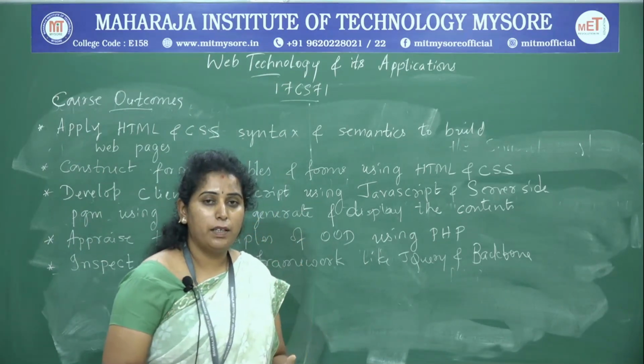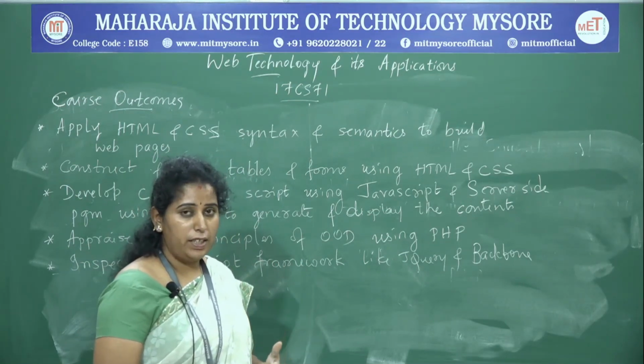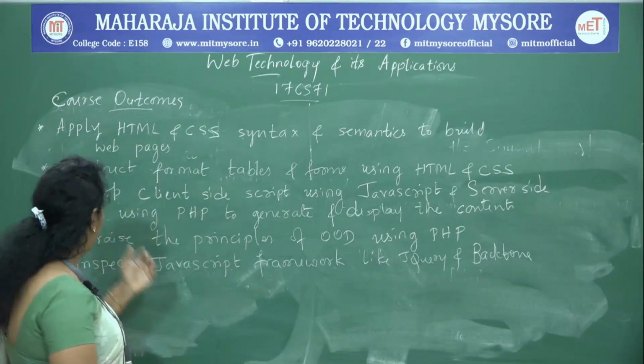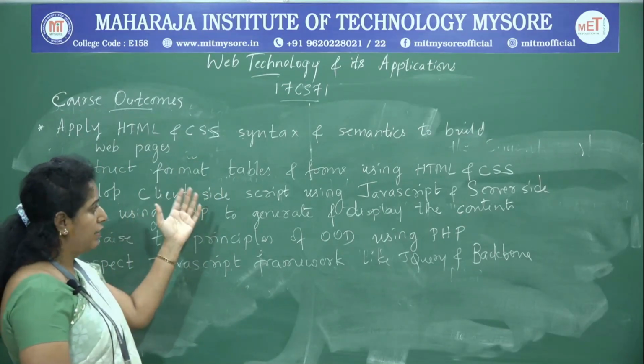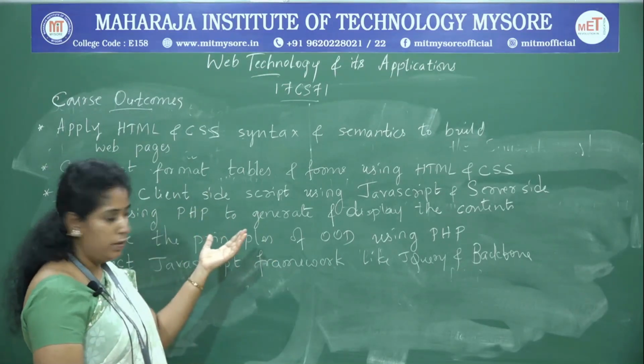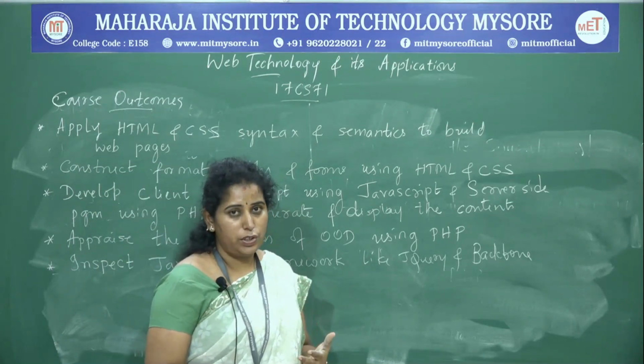So students will be in a position to develop web pages that consist of tables and forms. The third outcome says to develop client-side scripts using JavaScript and server-side programs using PHP to generate dynamic web pages.